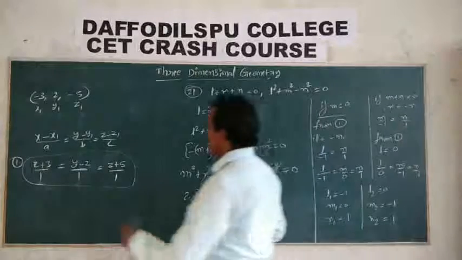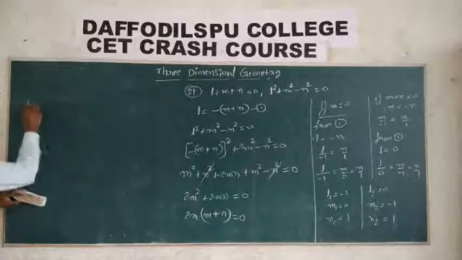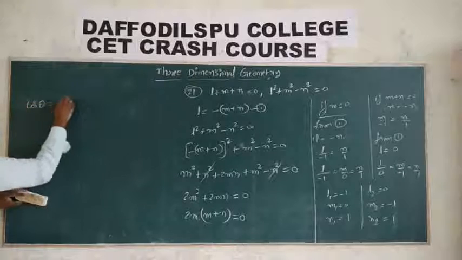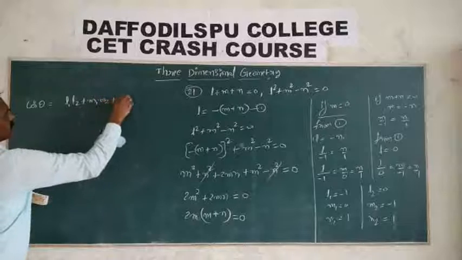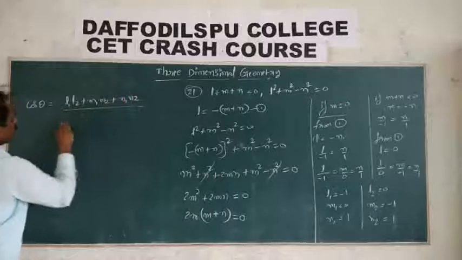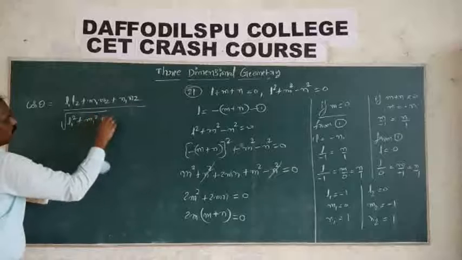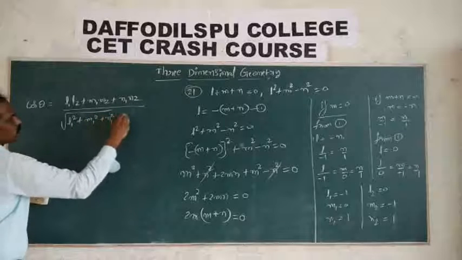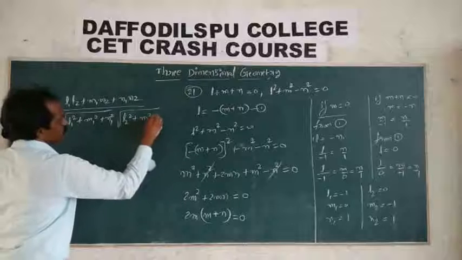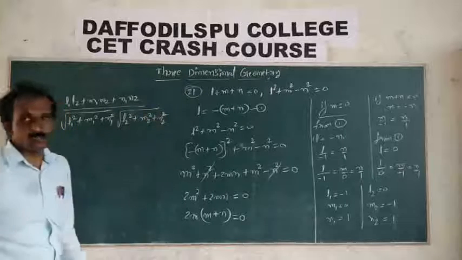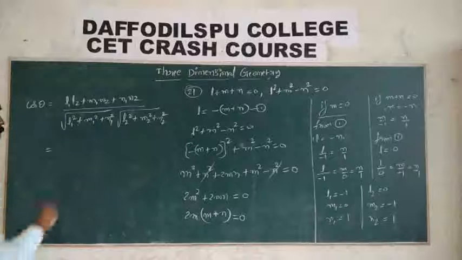Use the formula for angle between two lines when direction cosines are given. Cos theta is equal to L1 L2 plus m1 m2 plus n1 n2 divided by square root of L1 square plus m1 square plus n1 square into L2 square plus m2 square plus n2 square, right? Okay, what is L1?